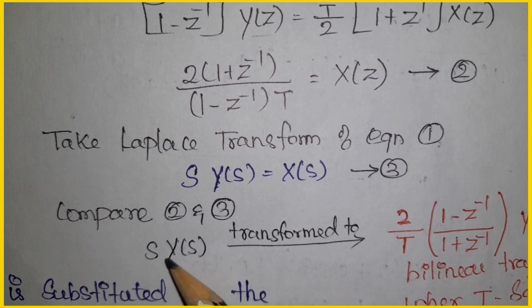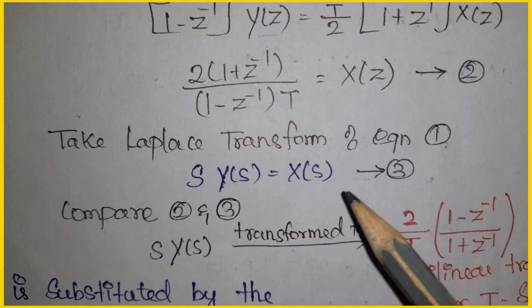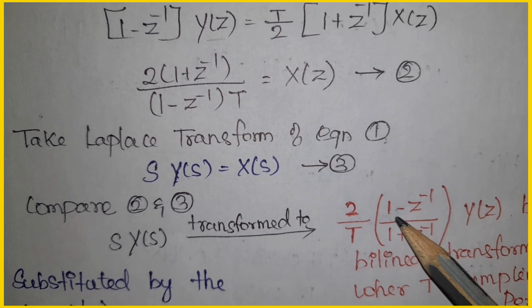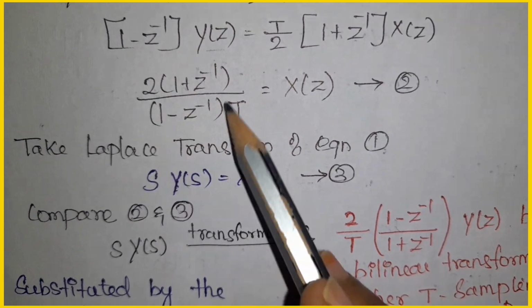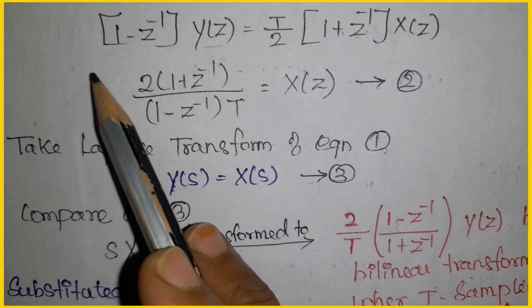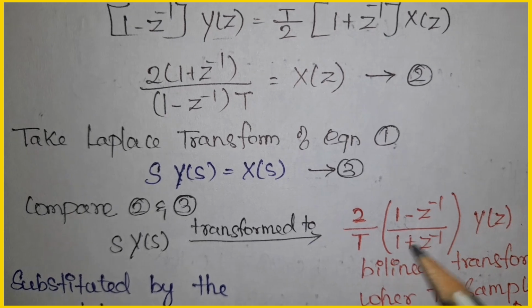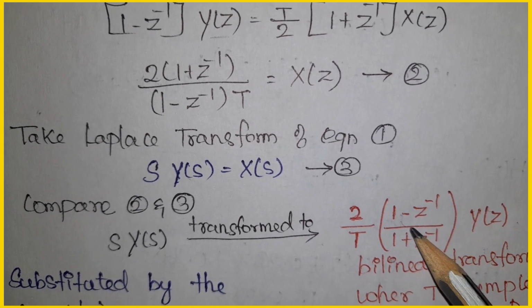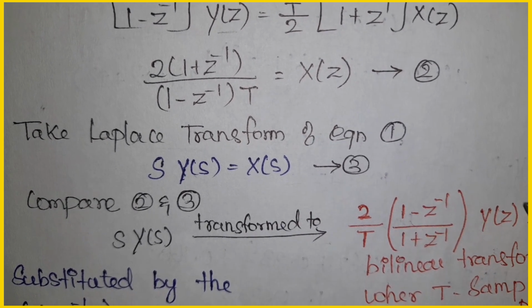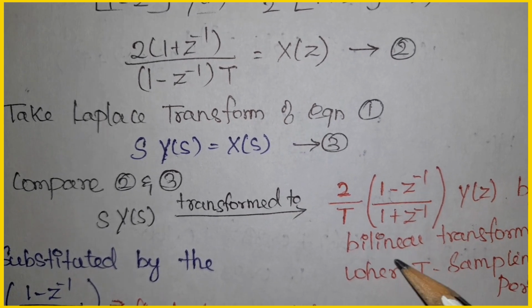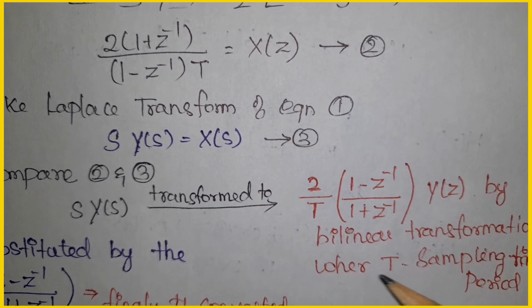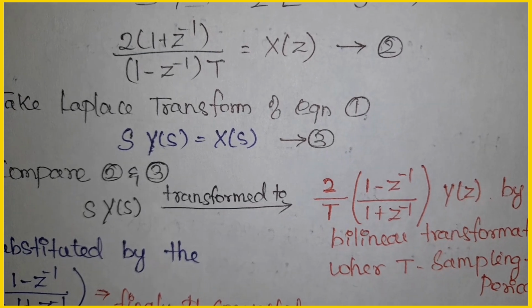So s into Y(s) is transferred to this function. So what is this function? 2 divided by T, like this, (1 minus z power minus 1) divided by (1 plus z power minus 1) into Y(z). This is the bilinear transformation where T is the sampling rate.